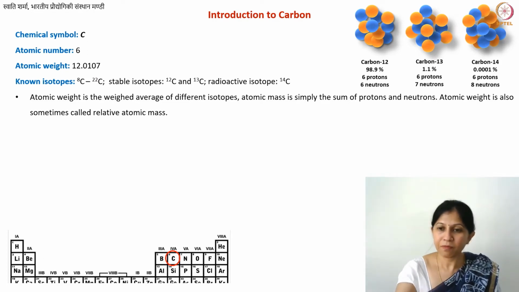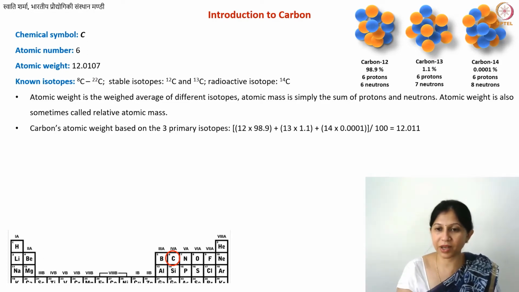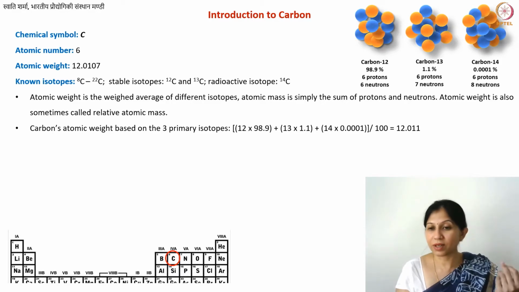Quickly, you can also calculate this by yourself. Just take these three values here: 12 multiplied by the abundance of carbon 12, 13 multiplied by the abundance, and so on, and then divide by 100 to take the weighted average, and then we get a number 12.011. In this case, 12.0107 is what I had written, and the reason for this difference is because all of these values are approximate.